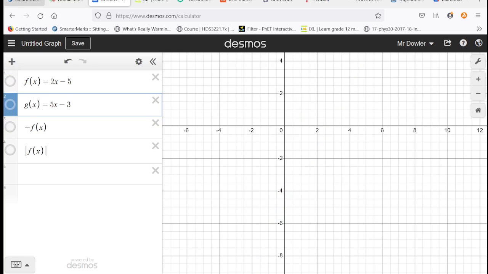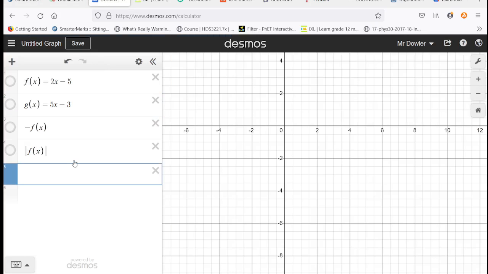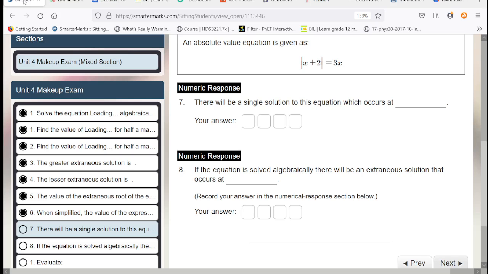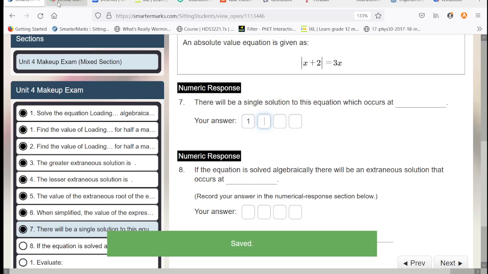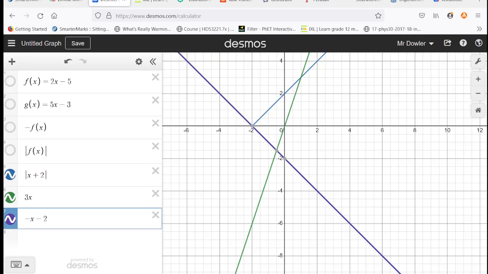So the valid solutions we can find graphically if we need to. So we have the absolute value of x plus 2. We have 3x, and there it is. So that happens at x equals 1. The extraneous solution, if we try graphing negative x minus 2, that's at negative 1/2.